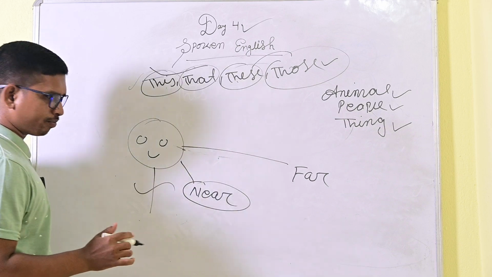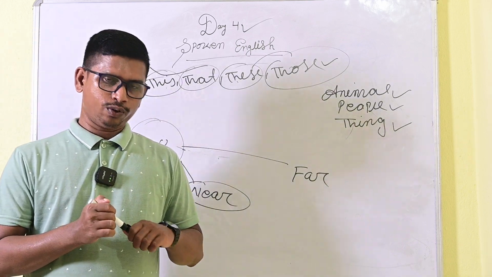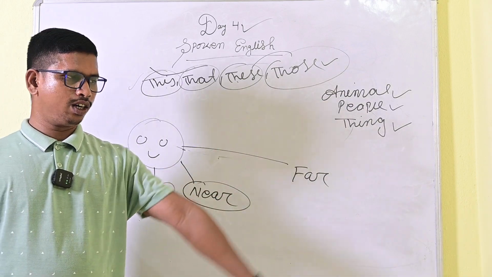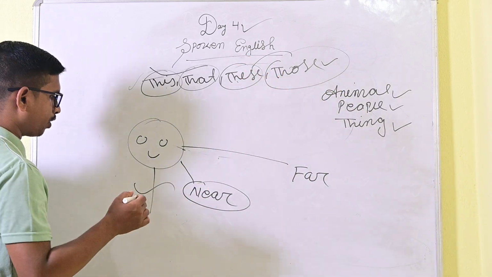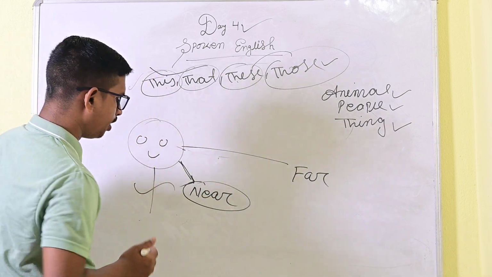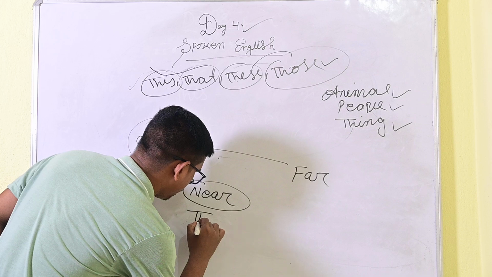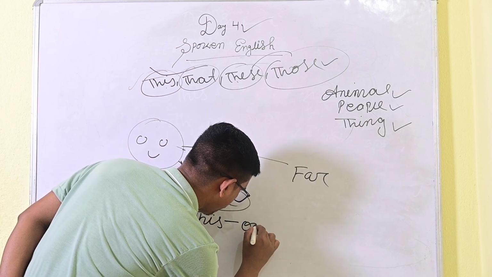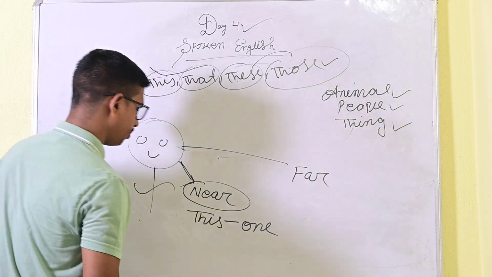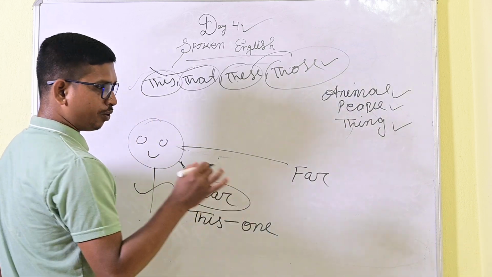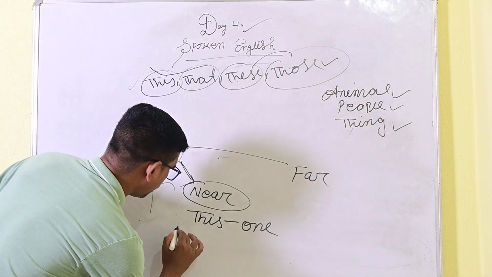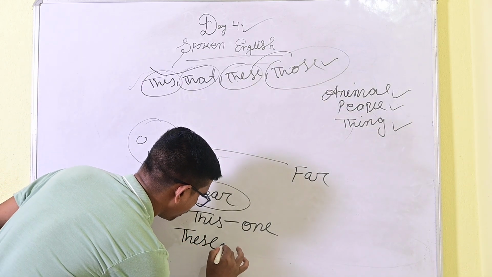I will explain. In two cases we use our finger and talk to people: one is near and one is far. When we are talking about near and about one thing, animal or person, you will use this. One can be a person, one can be a thing, one can be an animal. When you are talking about near, but more than one, then you use these.